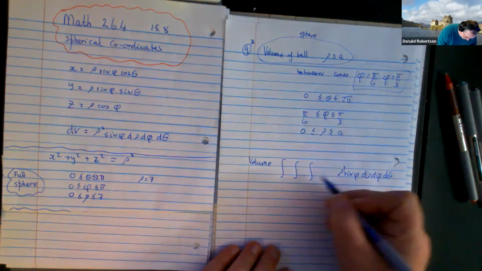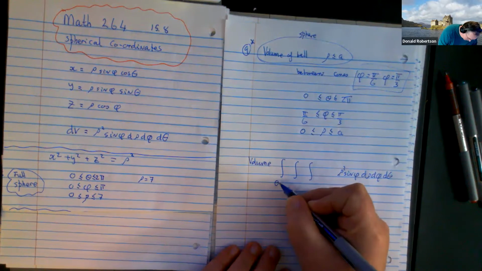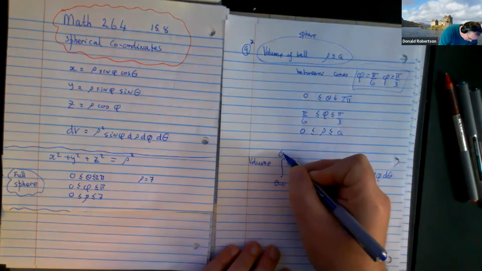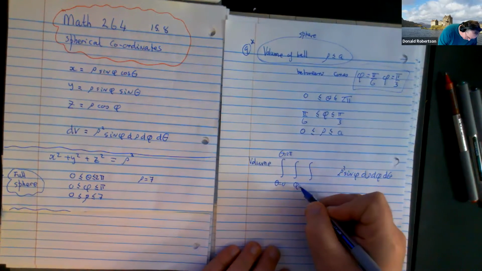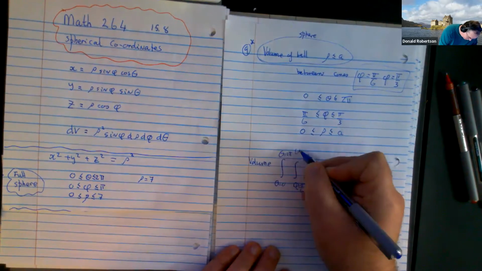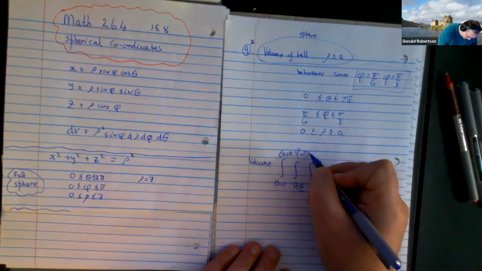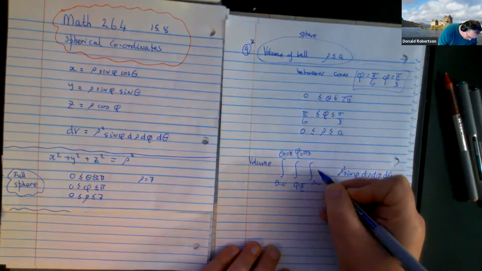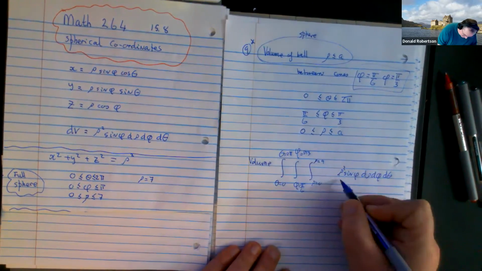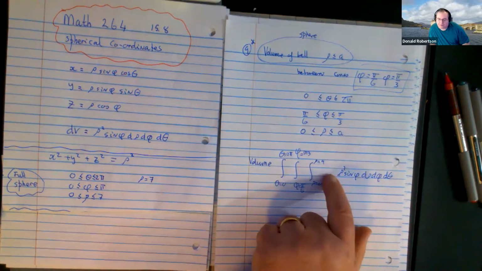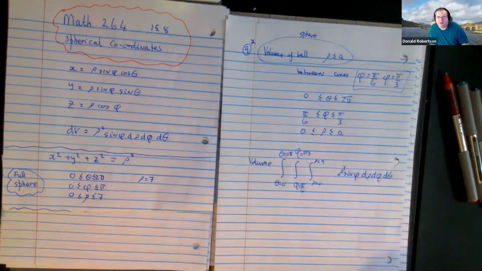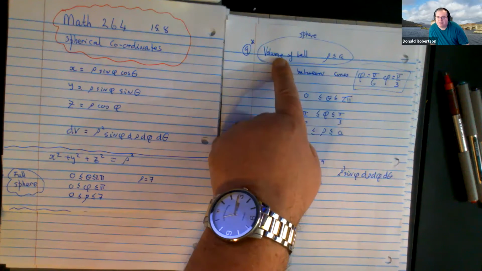And so when you plug this all in, you're going to have theta from 0 to 2 pi. Phi is going to be pi upon 6 to pi upon 3. And rho is going to be 0 to A of this. Oh, wait a minute. Shouldn't there be a function here? Well, it's hidden in this.